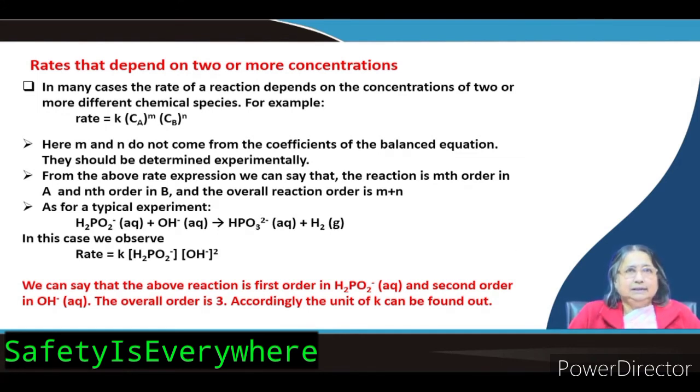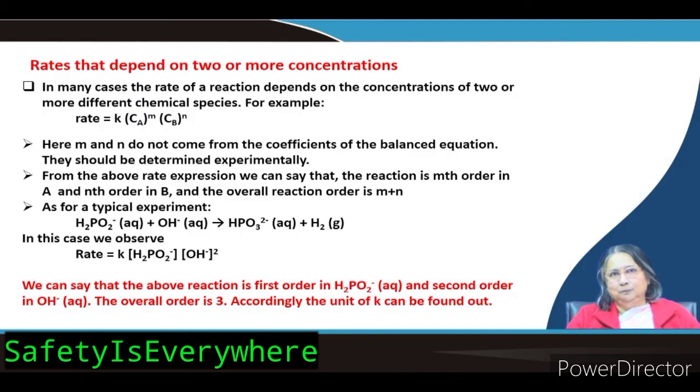Now it is your choice whether you will use the differential rate law or the integrated rate law to determine the order, and whether you will determine the order with respect to one species or with respect to both, that means the overall reaction.